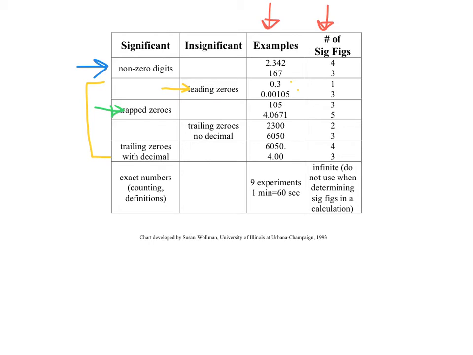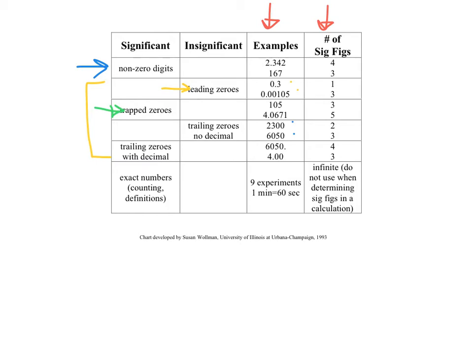Then let's take a look at trailing zeros when there's no decimal point present. A trailing zero is one that follows a non-zero digit. And in this case, when you don't have any decimal point written down, those zeros are merely placeholders. So if you look at 2300, for example, that number only has 2 significant figures.